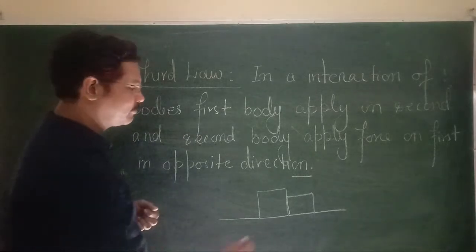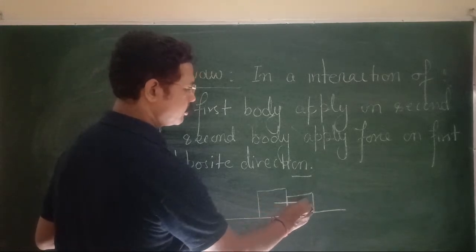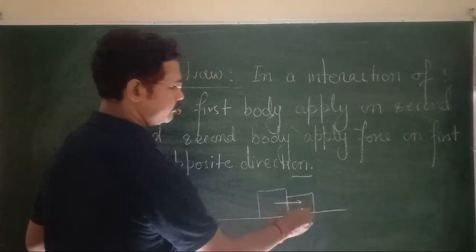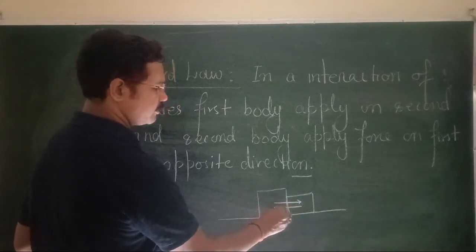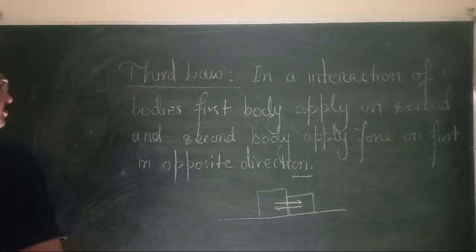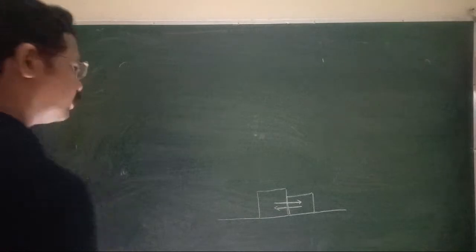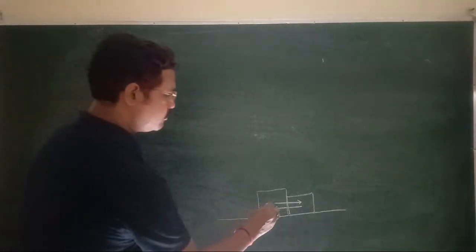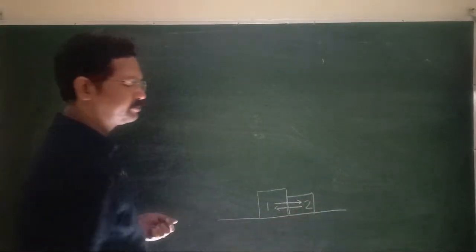The first one applies force on the second body, and the second also applies force on the first body. So what is the nature of this force? You can write here: suppose body 1 applies force on body 2.